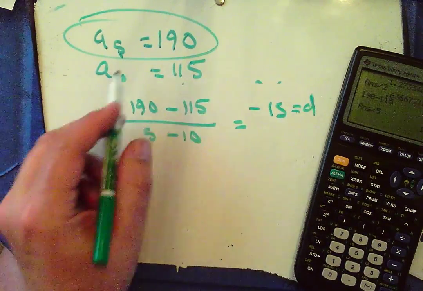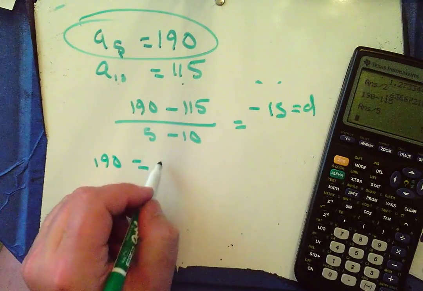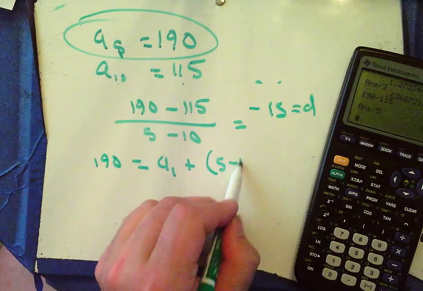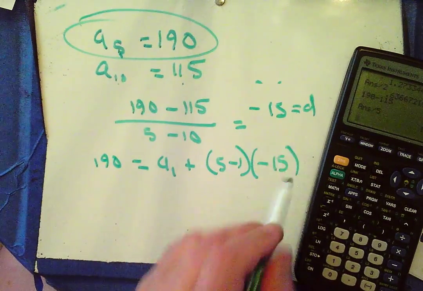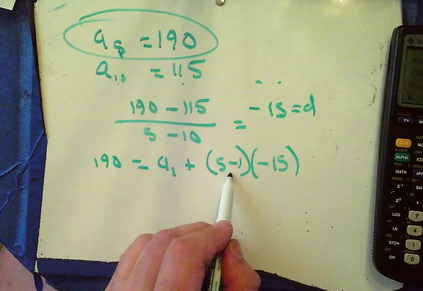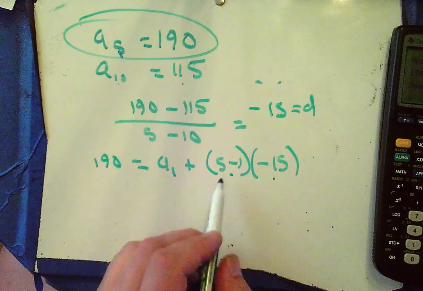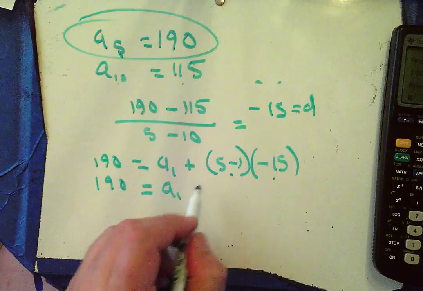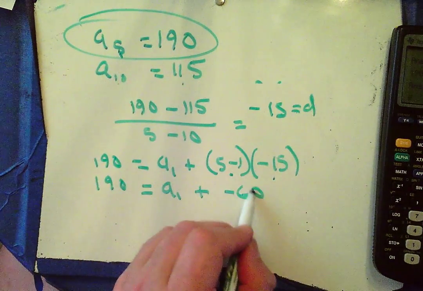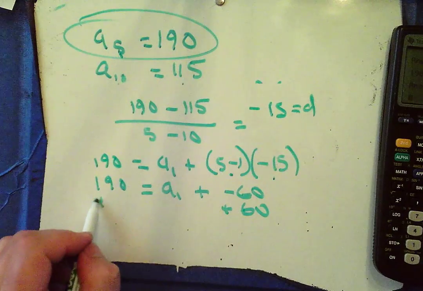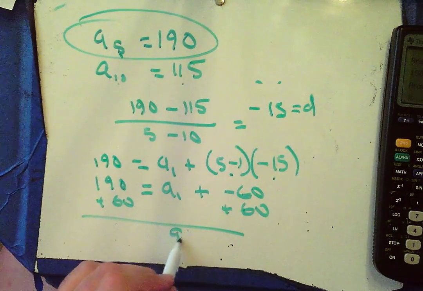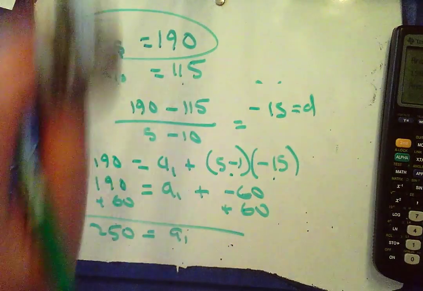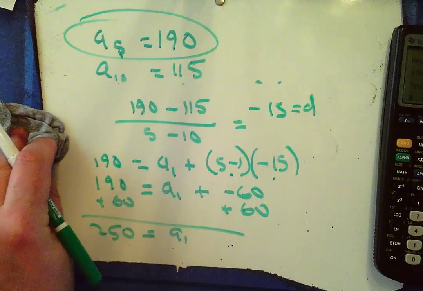Okay, and so then I plugged in 190 equals a sub 1 plus 5 minus 1 times negative 15. And I got 4 times negative 15 is minus 60. 190 equals a sub 1 plus negative 60. I add 60 to both sides. I get a sub 1 equals 250. Well, that's good. So what's missing here?